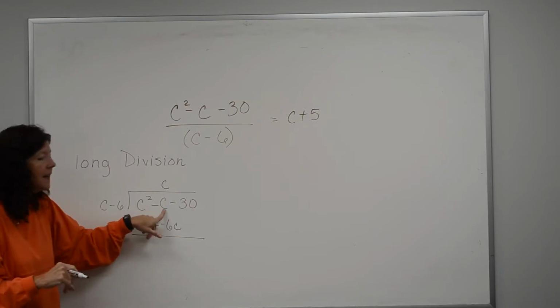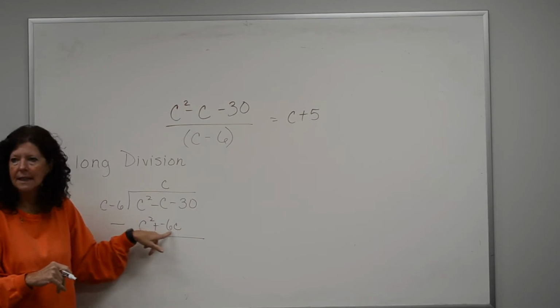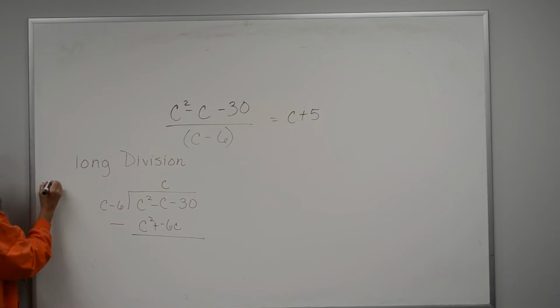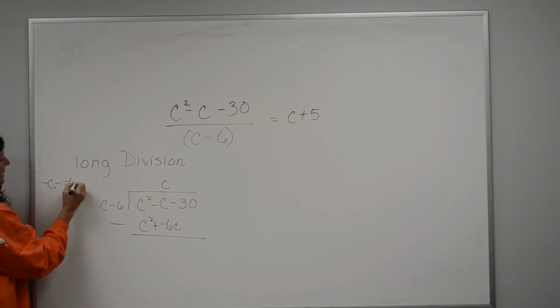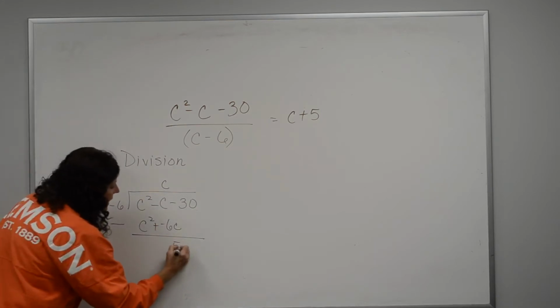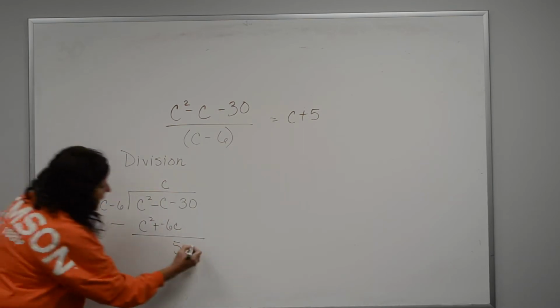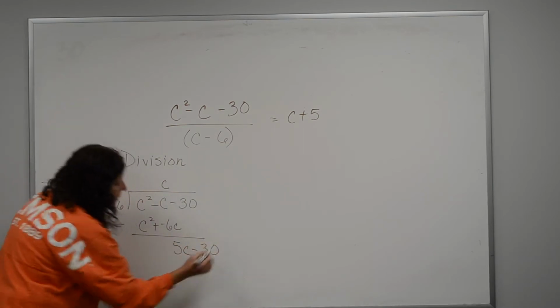So I have a negative C minus a negative 6C. Because you have subtraction with division, I'm adding the opposite of the second number. So that's going to give me a 5C. Then I bring down the next term, minus 30.